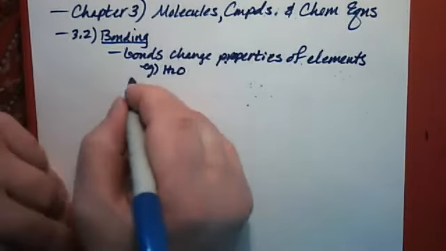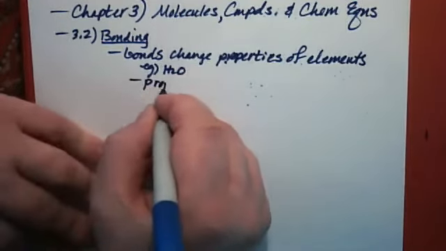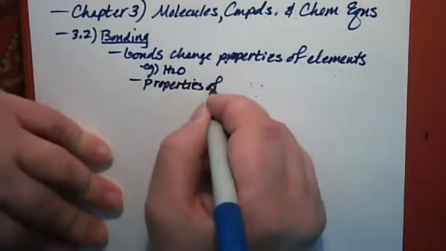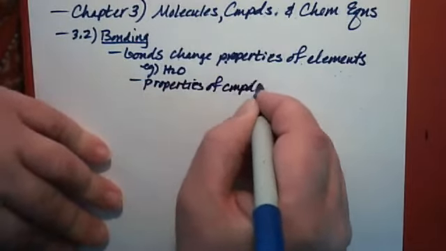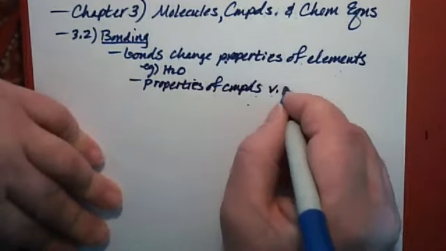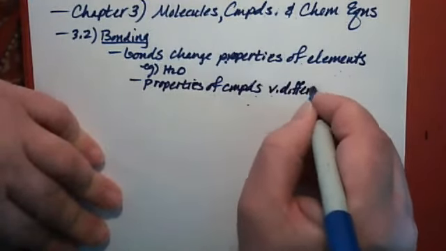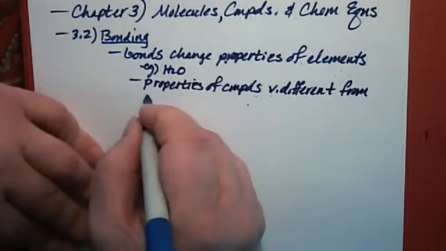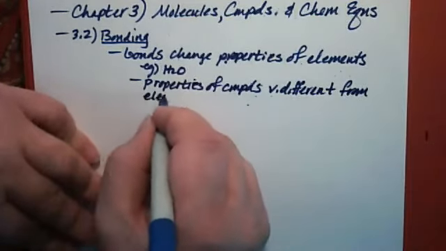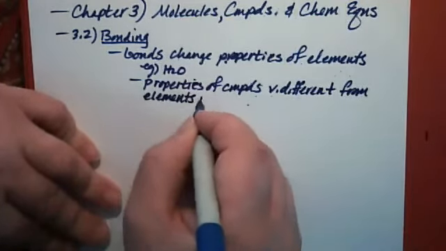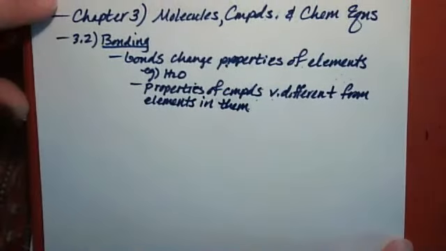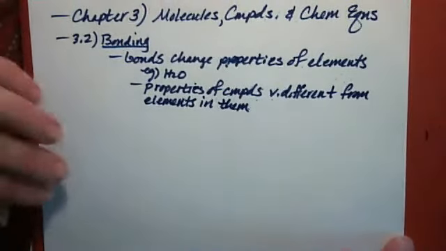And so the result of this is properties of compounds are often very different from the properties of the elements in them. Maybe not always the case, but very frequently.